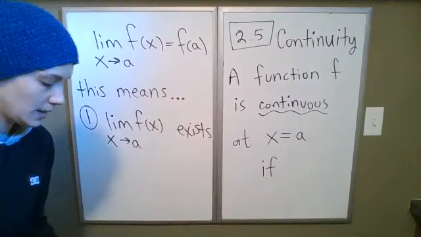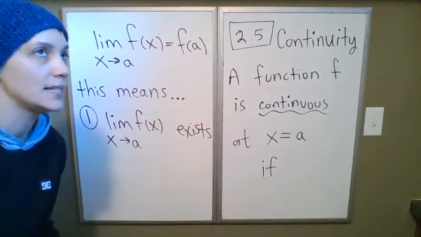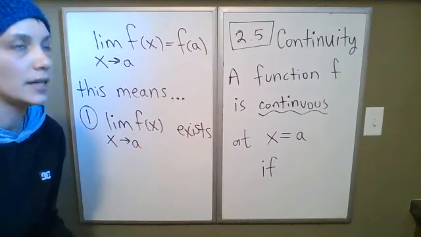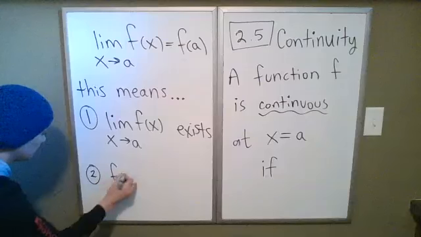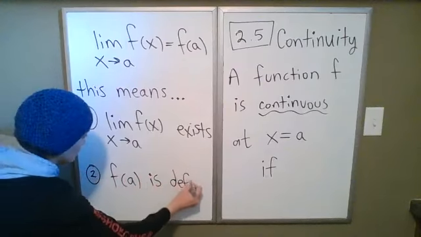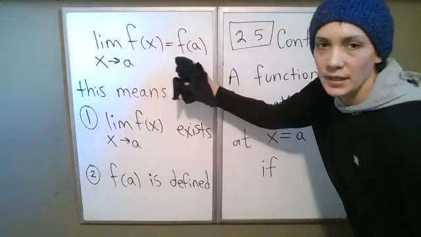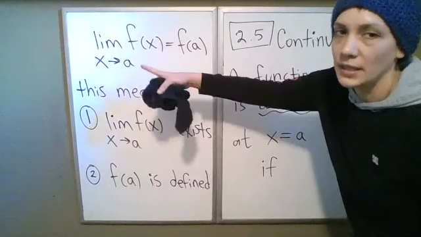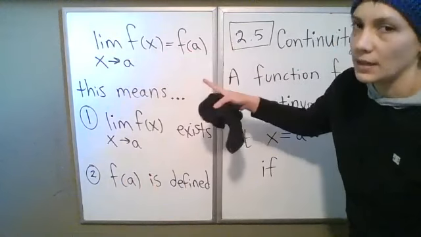Also, f of a is defined, so your function does have an output at x equals a. And the last thing is that the limit of the function as x goes to a is equal to f of a.